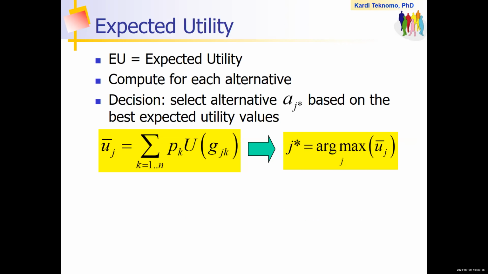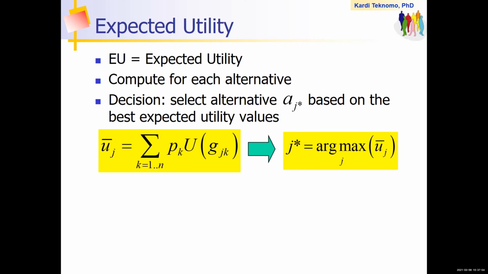Then how do I decide based on utility? To make a decision based on utility, you need to compute what is called expected utility. So what is expected utility? Expected utility is the sum product of probability with its utility.